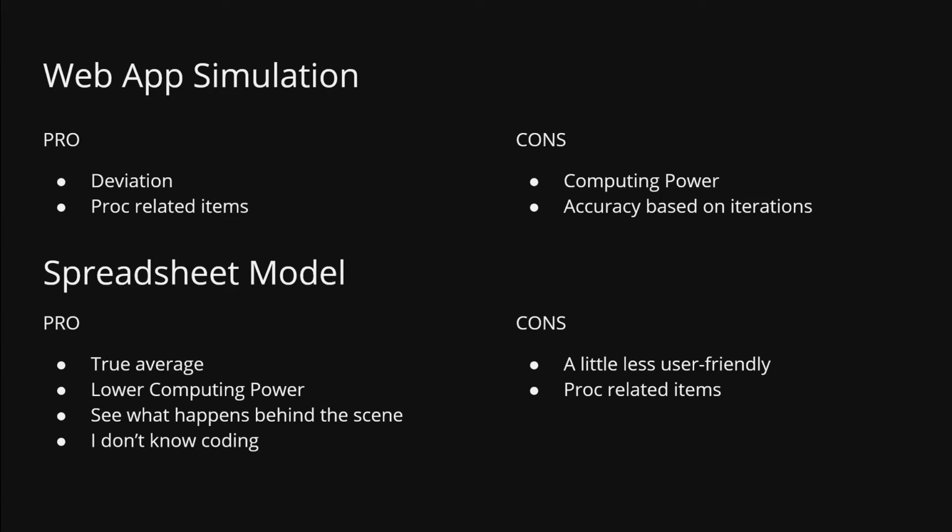The cons, however, of web app simulations is that you need to do multiple calculations. Essentially, instead of using the average of crit, you're rolling the dice every time and doing multiple iterations. For this you need to do all the calculations each time, and you need to do a certain amount of iterations to get an accurate number.